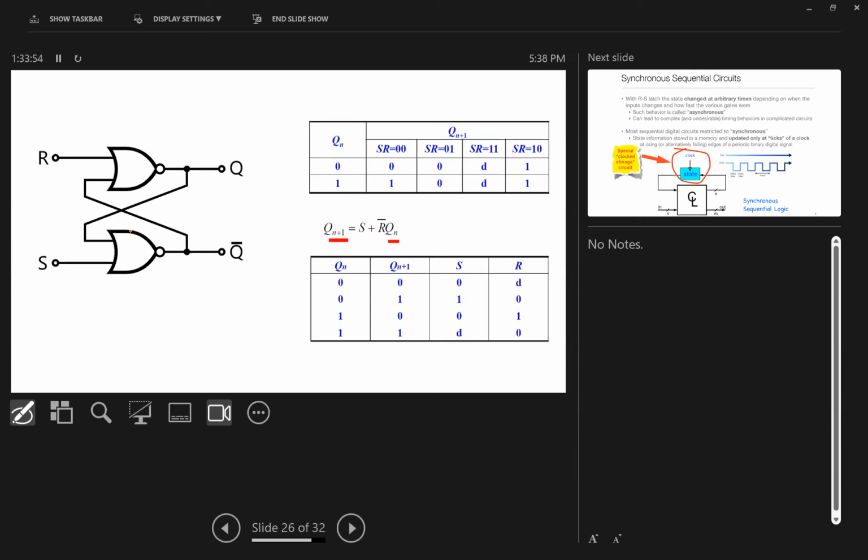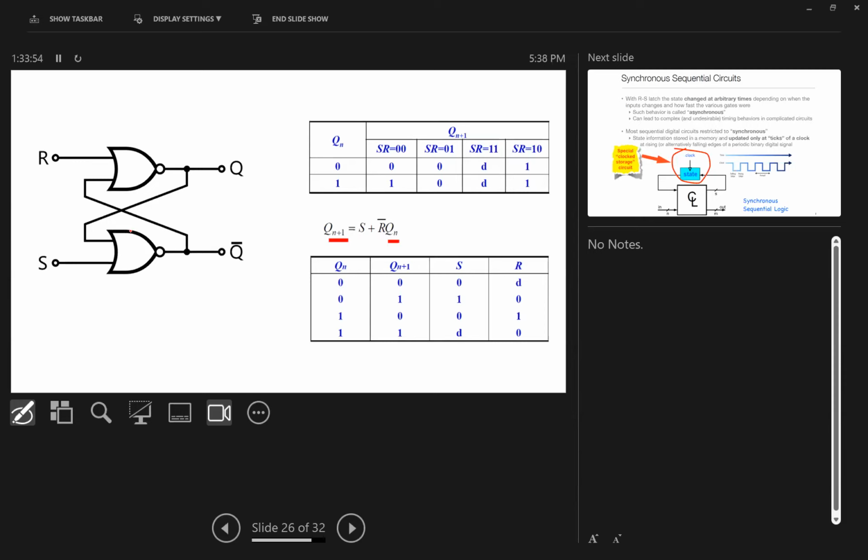That's it. And actually, the state of the RS latch changes at arbitrary times, depending on the signals of R and S. How fast it changes depends on when the input changed and how fast the various gates were.